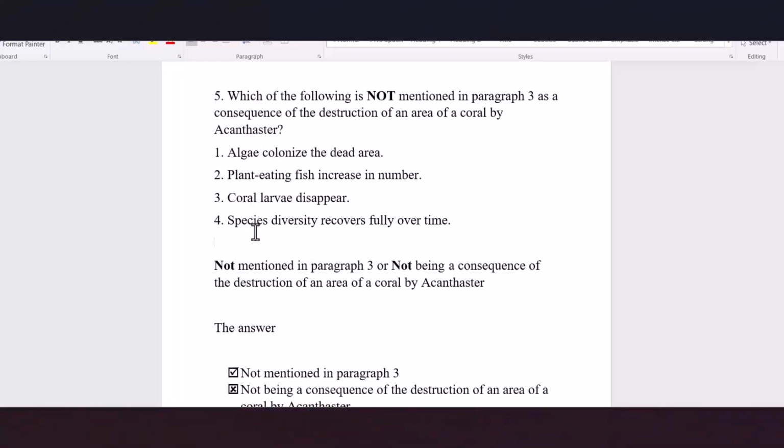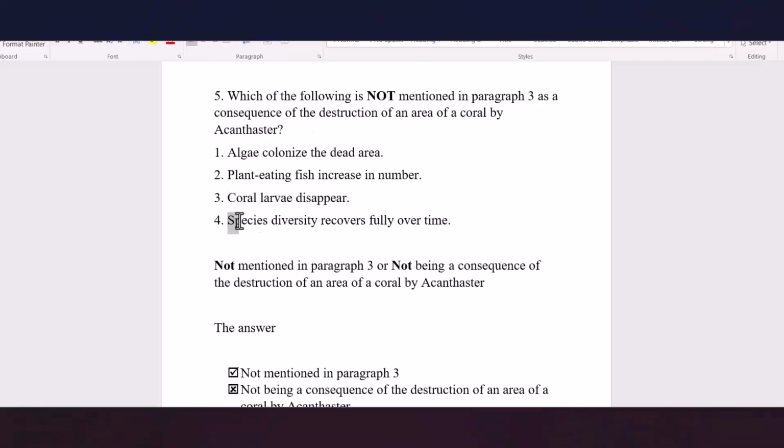But this is the difference between option 3 and option 4. In option 3, we know with 100% certainty that this is the answer to question 5, because coral larvae disappearance has not been mentioned in paragraph 3 as a consequence of coral destruction.